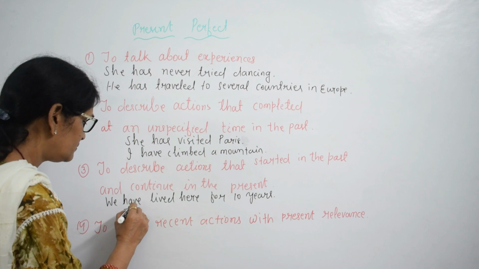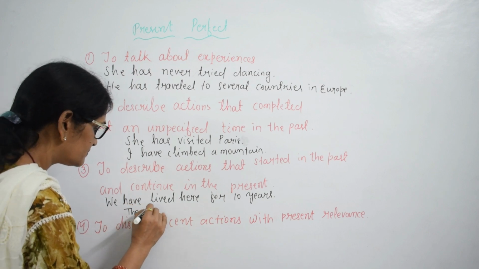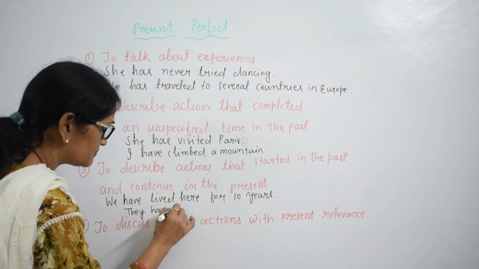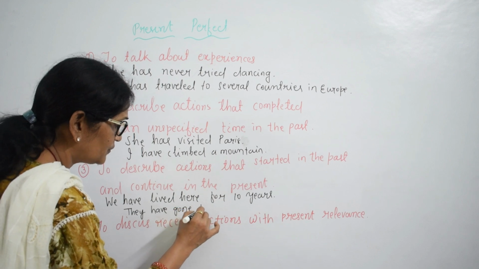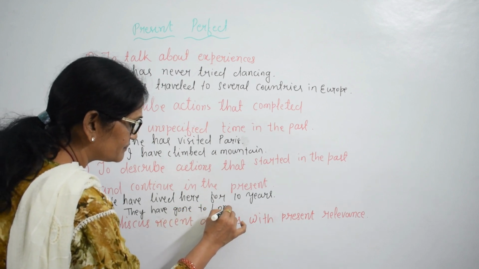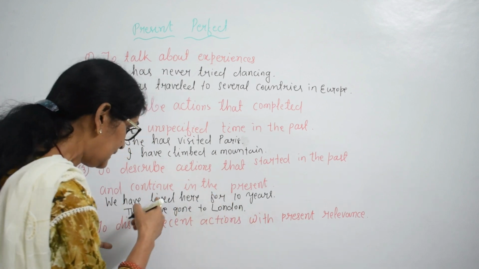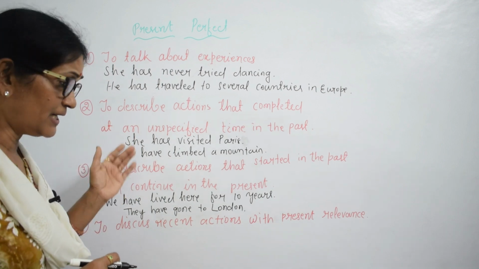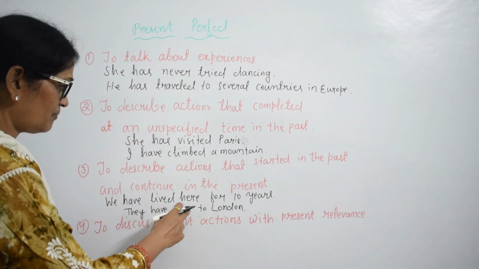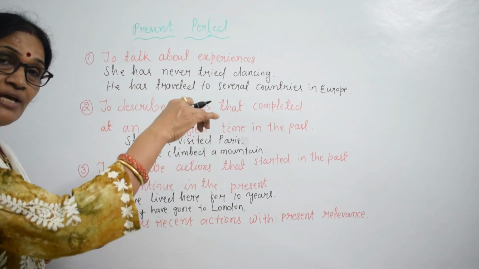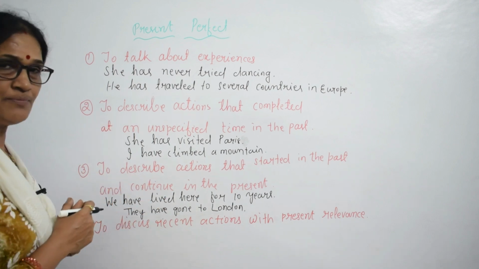They have gone to London. Here, the action started in the past and is continuing still now. They have gone to London means they are still in London. There you use present perfect.